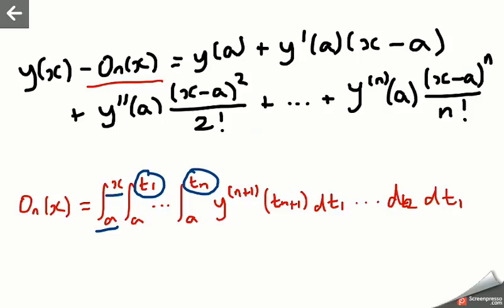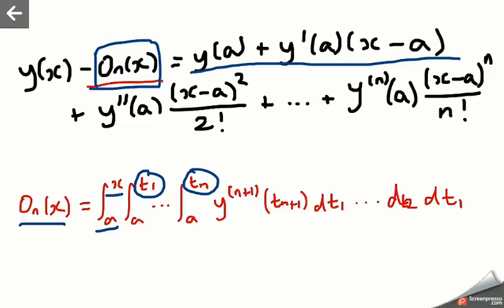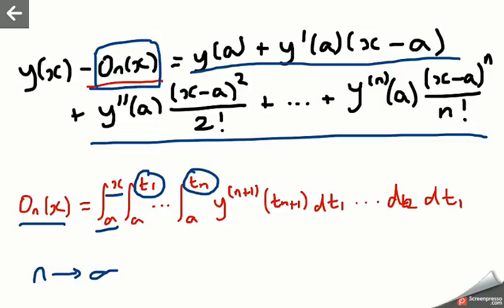Okay, something else to notice. Let's take a look at Rn of x for a second here. On the one side, we've got y of x minus Rn of x is equal to, and on the other side, we've got this huge thing here. What happens if we just keep letting n get bigger and bigger? So we say n tends to infinity. This means n gets bigger and bigger and bigger.